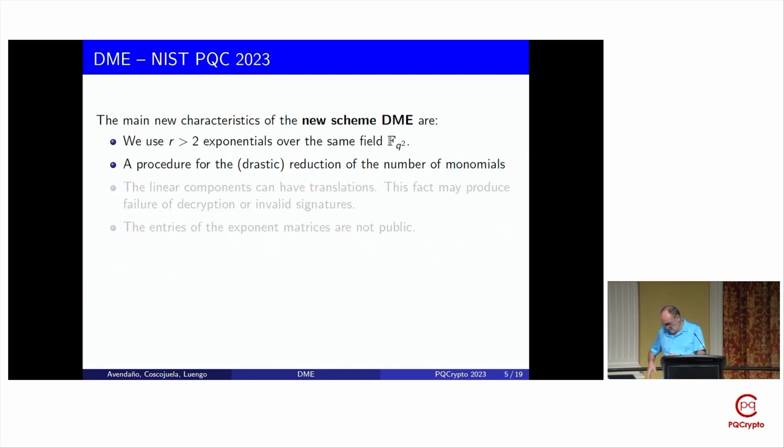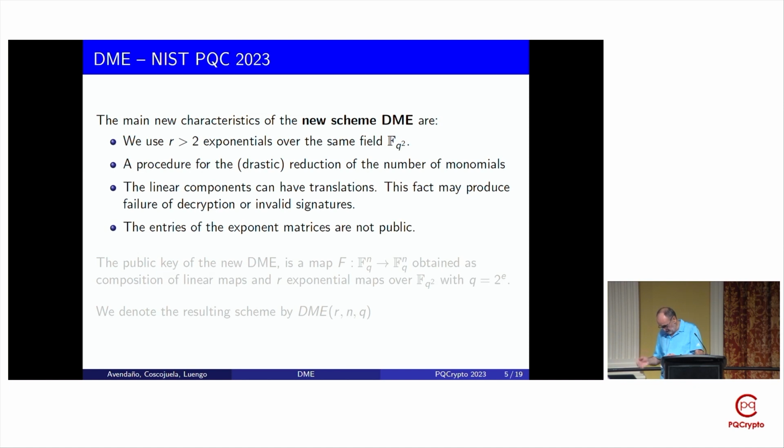So the new DME, we still call it DME, but it has a different setup. This is the one presented to the current NIST signature competition. The main difference is that the number of exponentials is greater than 2. Also, there is a procedure to reduce the number of monomials. This is essential.